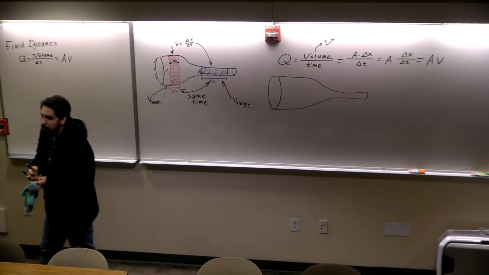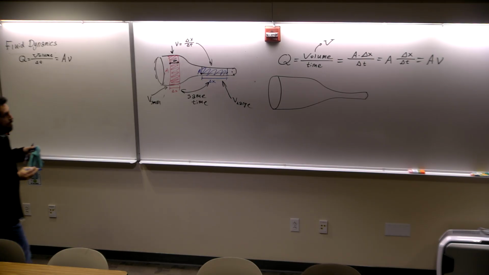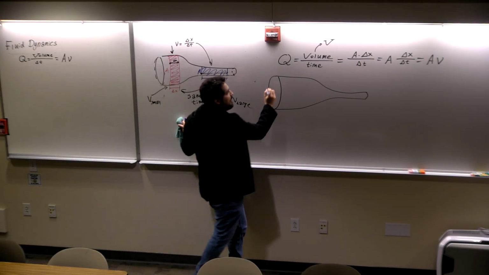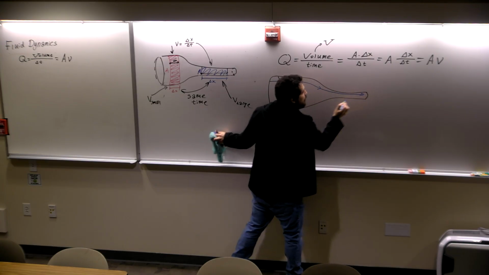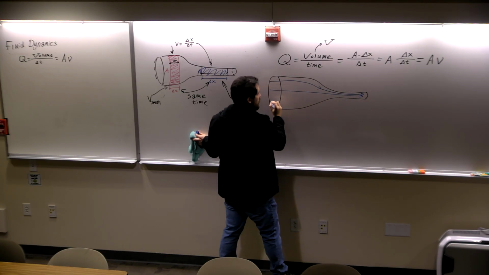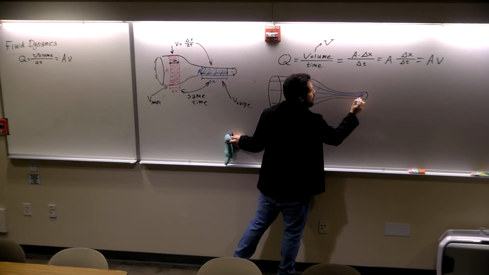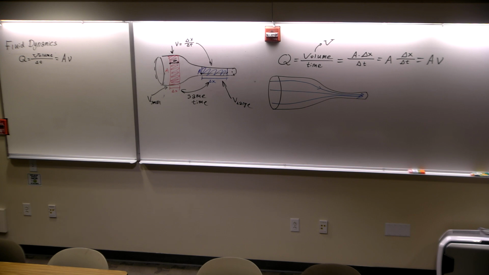And I'm going to draw what is commonly considered a flow diagram. A flow diagram will take arrows and run arrows all the way through our system to represent our fluid flow. And why do we do this?